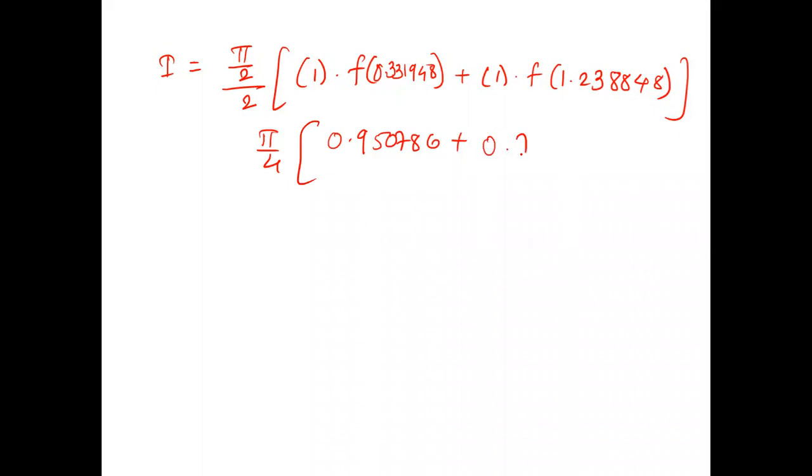Correct. 0.726663. Right. Add it and multiply by pi by 4. 0.950786 equal into pi by. What is the answer?